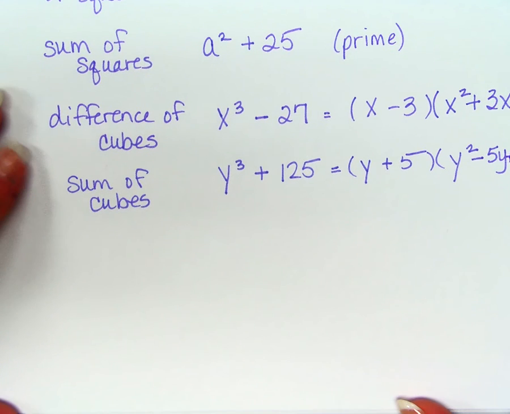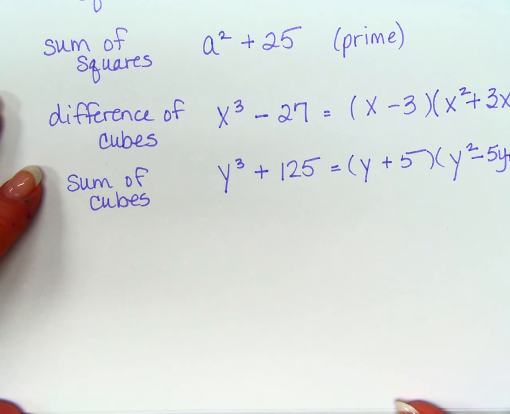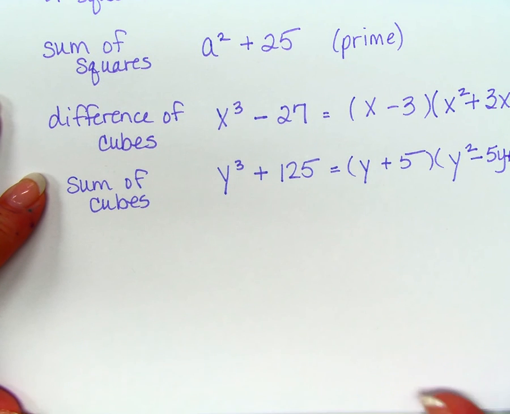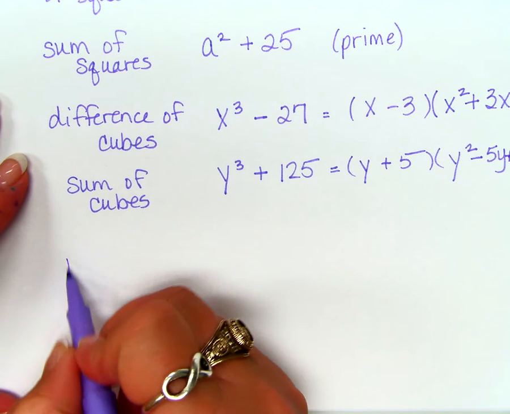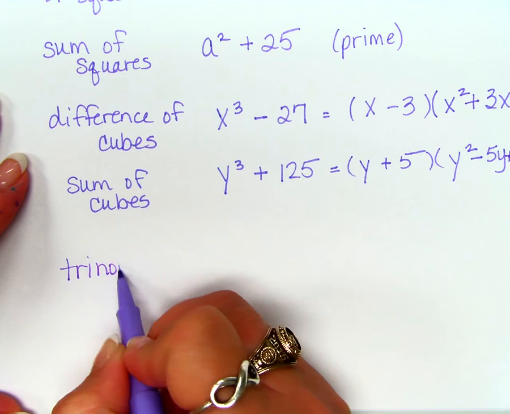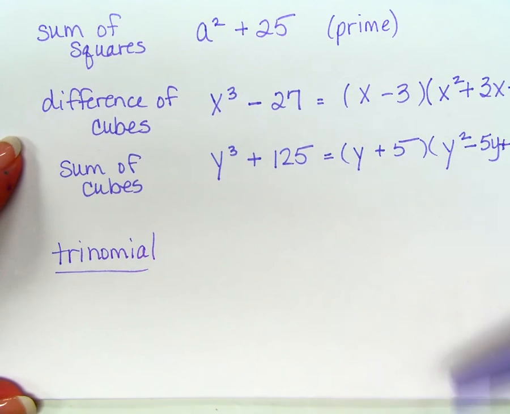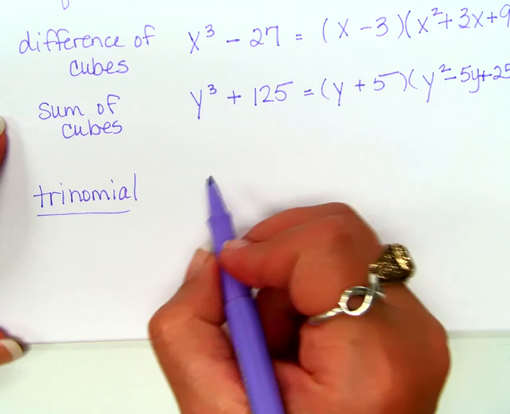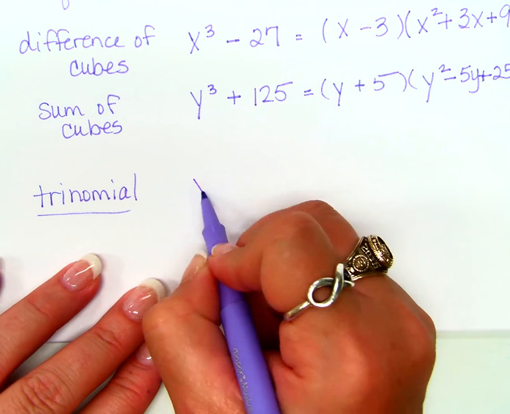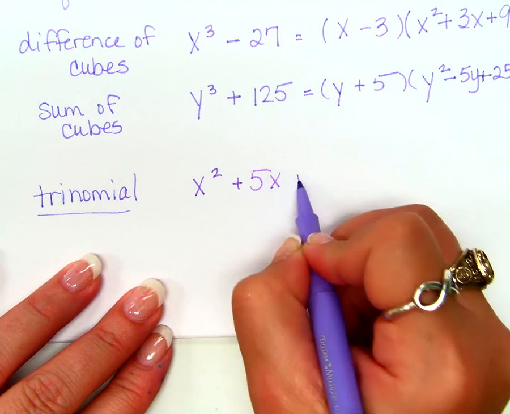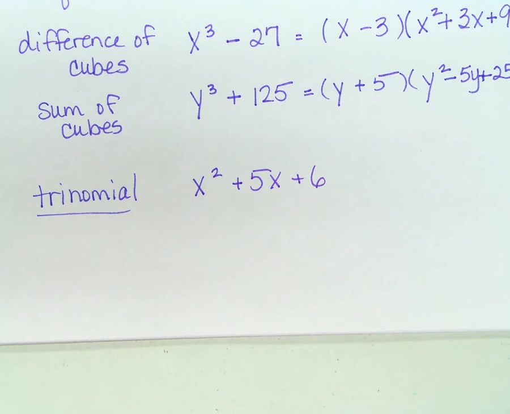And then pretty much, we talked about some other stuff last year in Algebra 2, high school Algebra 2. But the last one we're going to talk about today is just a trinomial. If we have any trinomial, for instance, x squared plus 5x plus 6, do you remember the pattern of what we always did?